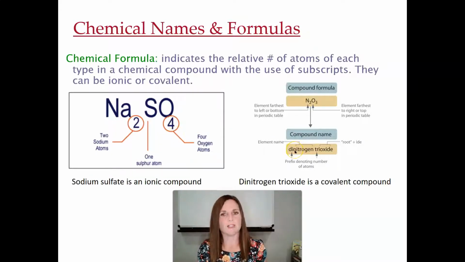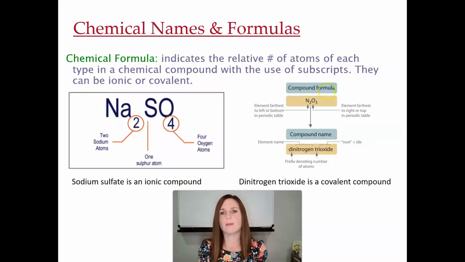On the other hand, we can also have covalent compounds. So nitrogen and oxygen are going to form a covalent compound called dinitrogen trioxide. You're going to learn this at the very end of the chapter, how to name covalent compounds, because they're the easier one. They have the less set of rules.